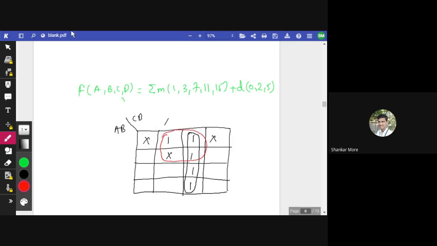Why? Because it has only one don't care, and the one you are making on the upper side would have two don't cares. So it is always better that you go with fewer don't cares. I hope, Raman, you have gone with the upper one. So that's why maybe your answer is slightly differing from mine.